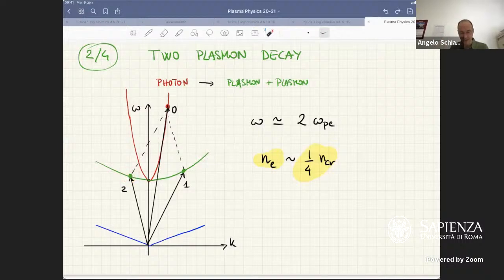This corresponds to energy of the incoming photon that is reflected back, bouncing back towards us, and so it's not going to be absorbed.